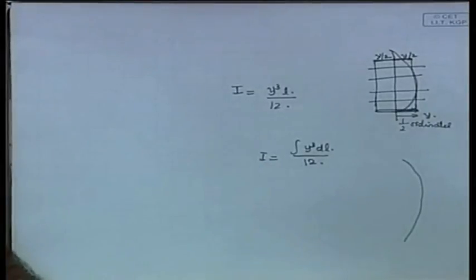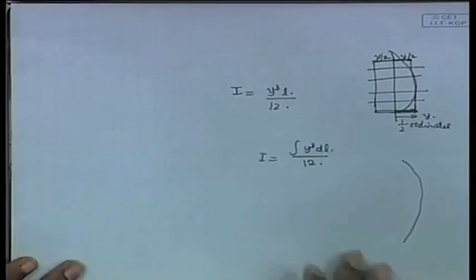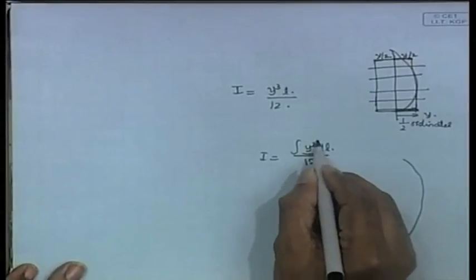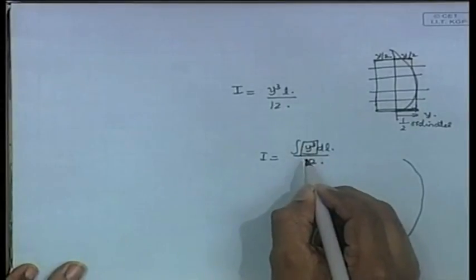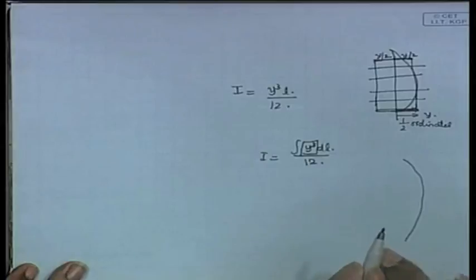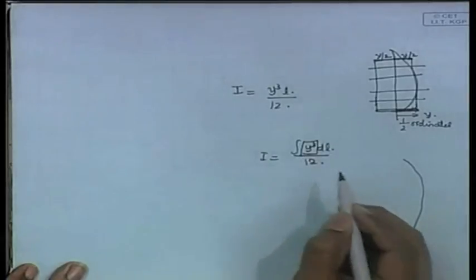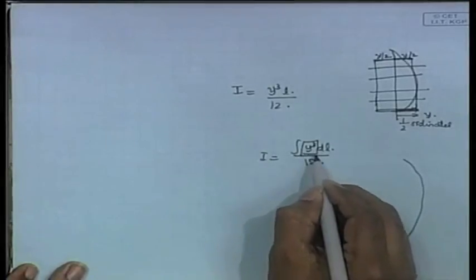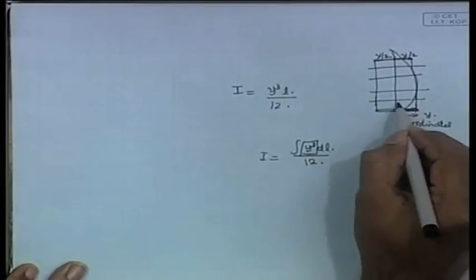Just 1 minute, let me check what they have done. Okay. We have to make another table. So what do you need? You need y cubed. It's not simple as such, it's tedious. What is y cube? It's half ordinate cube.